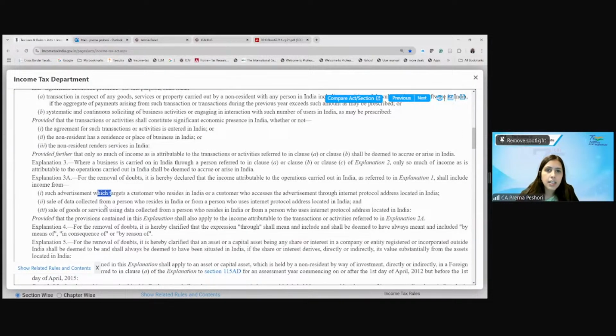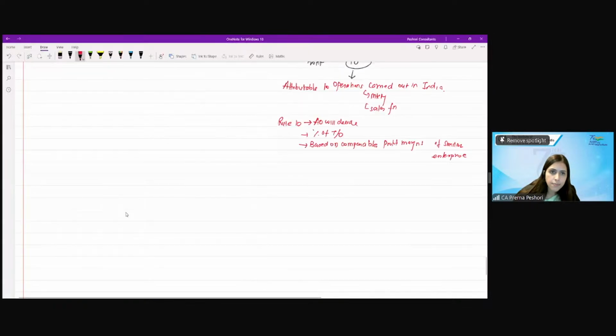So basically, this includes income from advertisement targeting customers in India. So, there are a lot of companies who are directing the advertisements toward you.